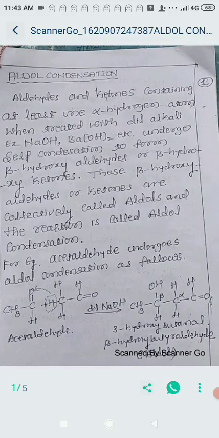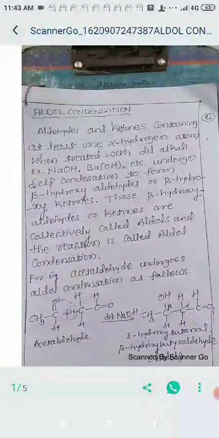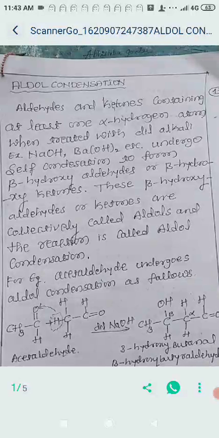Okay, here now I write the same. Aldehydes and ketones containing at least one alpha hydrogen atom, when treated with dilute alkali, for example NaOH or Ba(OH)2, undergo self condensation to form beta hydroxy aldehydes or beta hydroxy ketones.